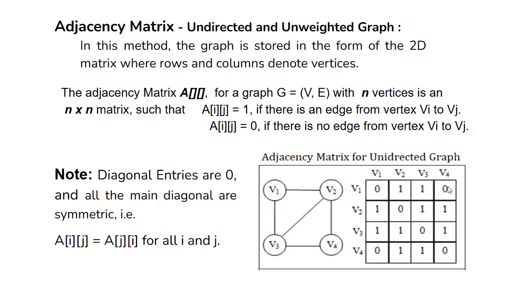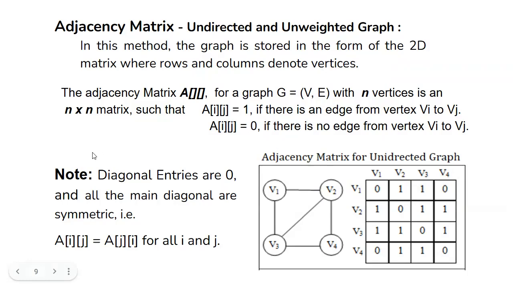The vice versa, from V4 to V1, the intersecting cell of V4 to V1, this value is also 0. That is, vice versa values are equal. That is, the values are symmetric about the main diagonal.